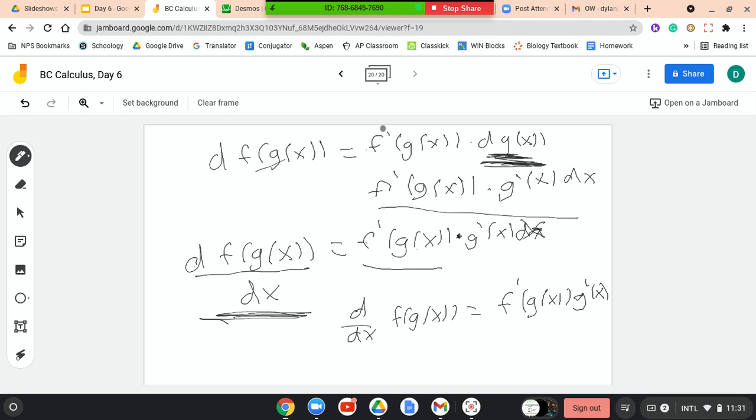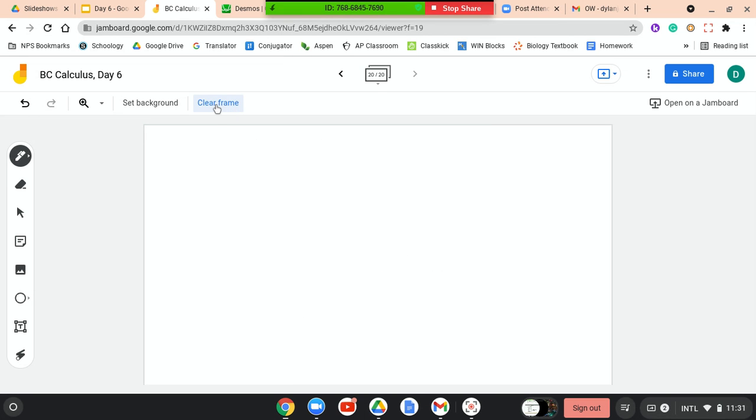Okay, cool. Awesome. So just because this is kind of weird, I'll give you an example. Let's say we wanted to find the derivative of x to the fourth plus 5, squared. Wouldn't you agree that this is just sticking this function inside of the function x squared?